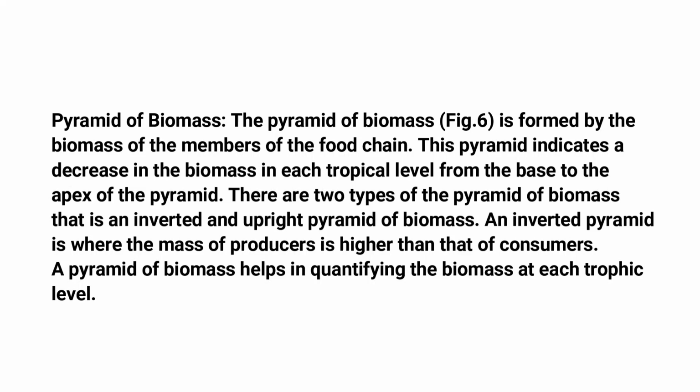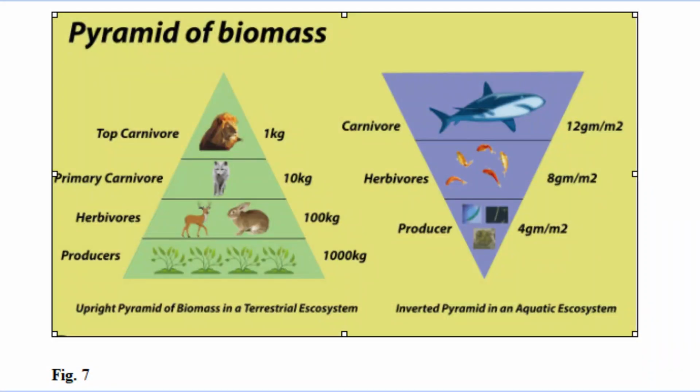There are 2 types of pyramid of biomass, that is the inverted and the upright pyramid of biomass. An inverted pyramid is where the mass of producers is higher than that of consumers. A pyramid of biomass helps in identifying the biomass at each trophic level. You can see.